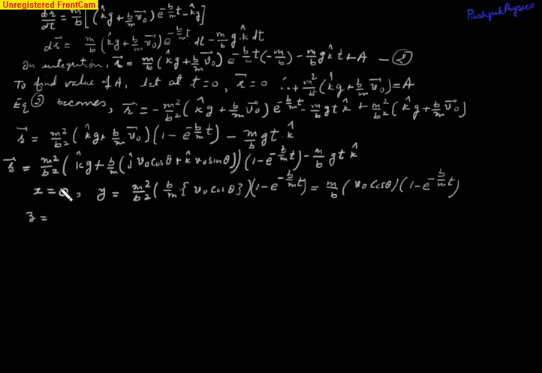Similarly, let us write the value of z from here. So we get m square over b square. In bracket we have first term, then second term is g plus b over m v naught sine theta, and we multiply it with this factor 1 minus e to the power minus b over m into t, then minus this m over b into g and t.